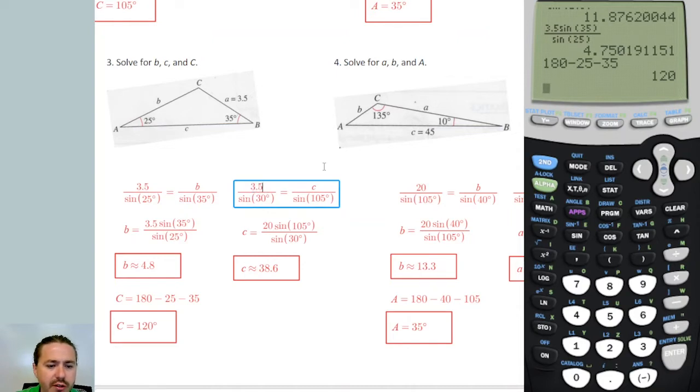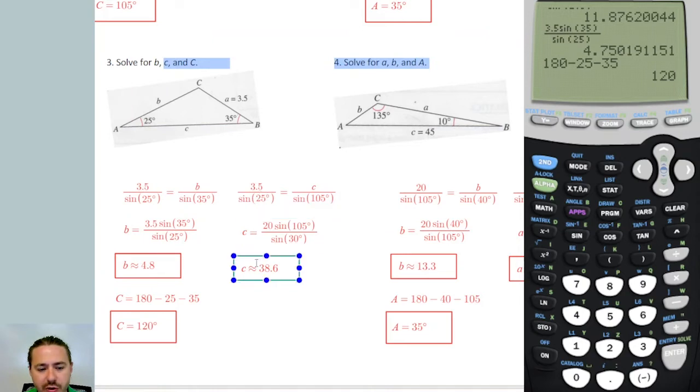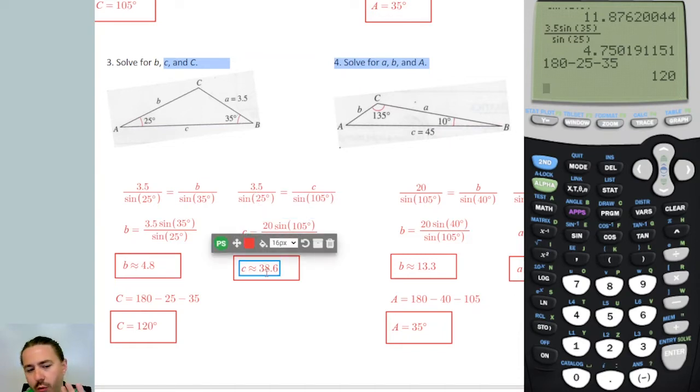So still going to stick with this side A, angle A, even though now I know what I need for B. I guess this is a good time to point out that I could use 4.8 and 35 degrees, but this 4.8 is rounded, so that might have a bad effect in trying to solve for this last unknown, the side C, because if I throw in a rounded number here, it will just be even more off.